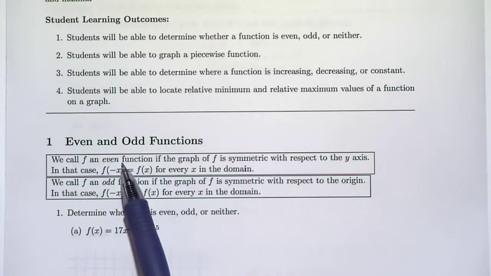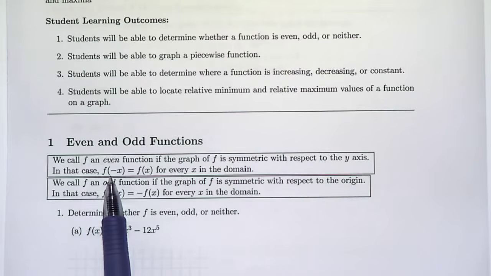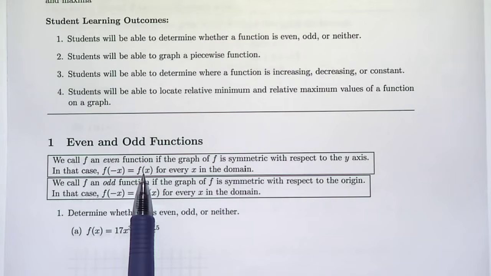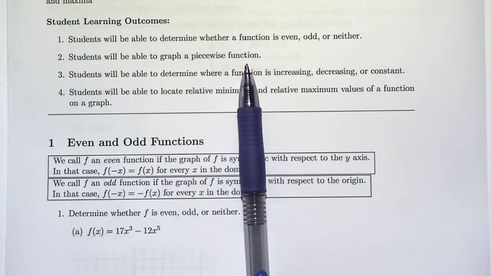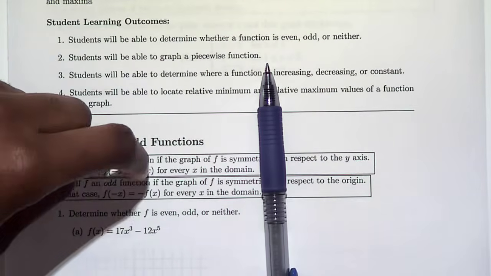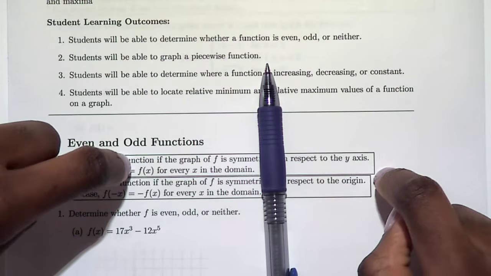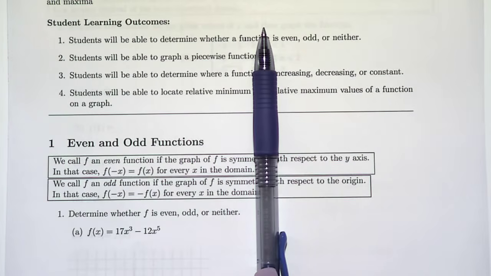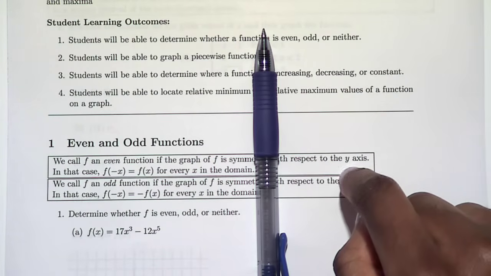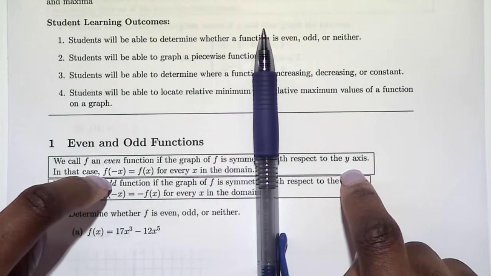All right, and so to see if a function is even, we just want to show that f of negative x is the same as f of x. That should make sense, because if we have the y-axis in the middle, we're going to have positive x values on the right, negative x values on the left.